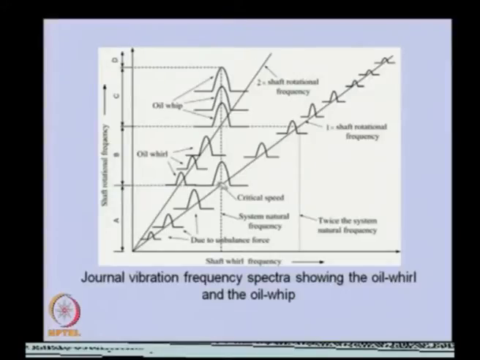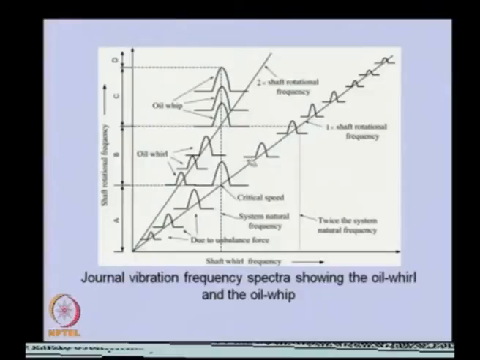So, the rotor is past the critical speed, but the frequency of the whirl is at half of the rotational frequency, and as it grows, it always corresponds to half of the rotational frequency.